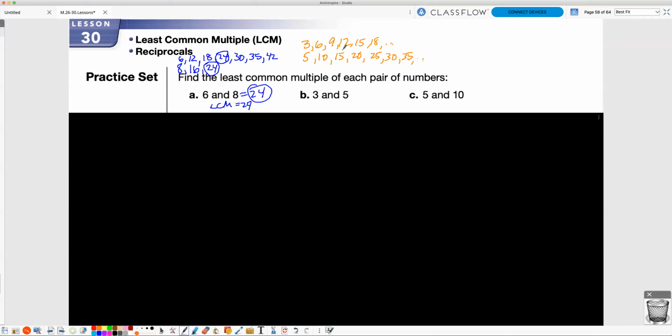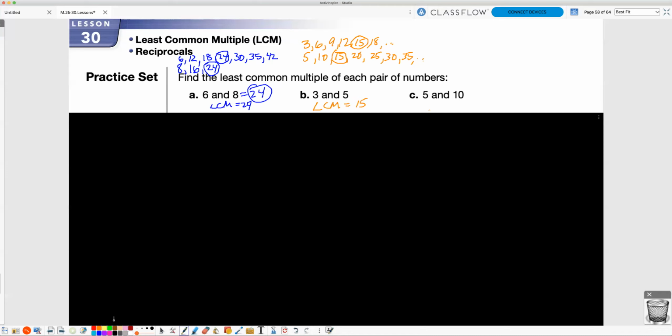I don't see anything other than 15 being a common multiple at this point, and that's also the smallest one. If my list was bigger, I might find some more that they have in common, but 15 would have to be the answer. So the least common multiple equals 15.